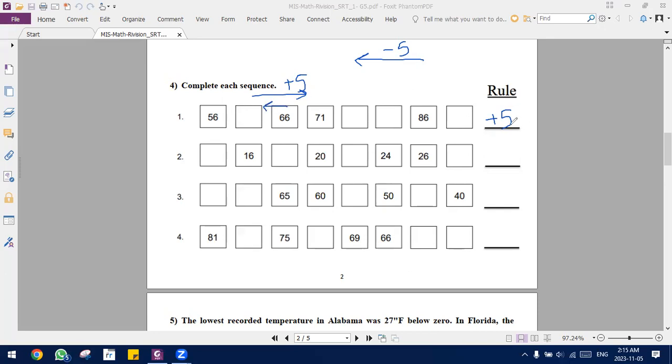What's the rule here? Plus 5. I'm going to the left, so it's the opposite of the rule. So it's minus 5. 66 minus 5 is 61. Or let's check it from left to right. I have 56. Then I'm going to the right. 56 plus 5 is also 61. So it's the same thing.